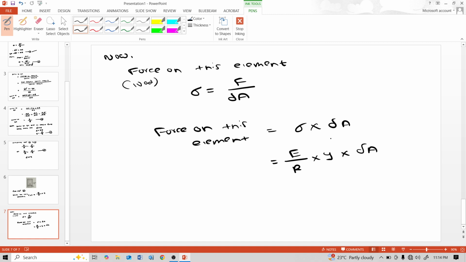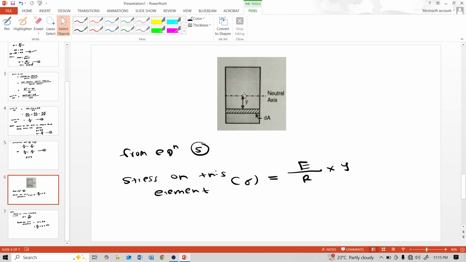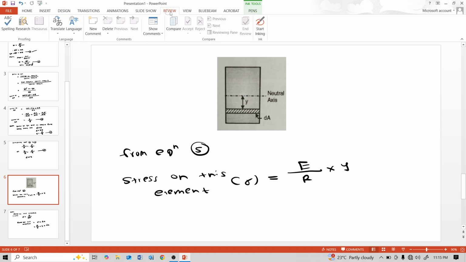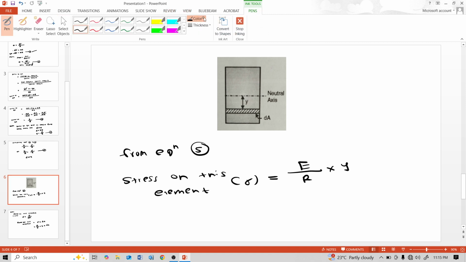Moment of resistance of this elemental force about the neutral axis: E upon R into Y into delta A about this neutral axis. What is the moment about this neutral axis? Consider this is a force about this axis, and moment is P into E, that means force into distance y.